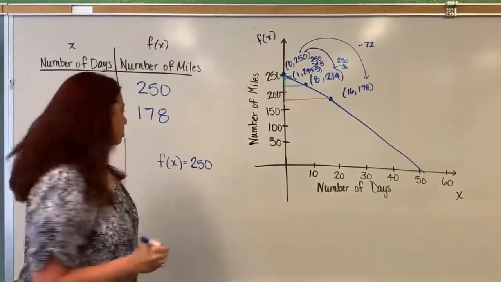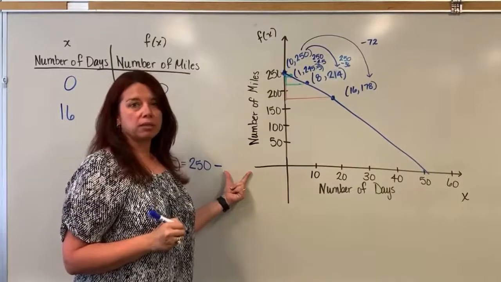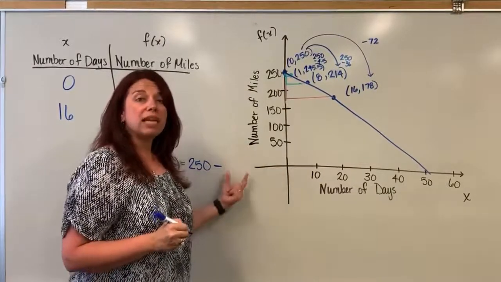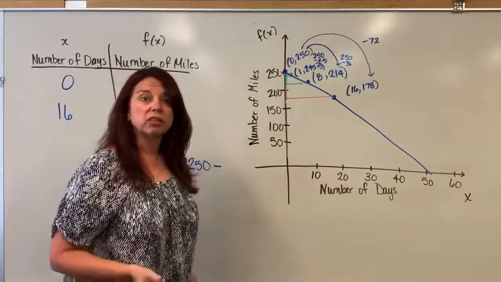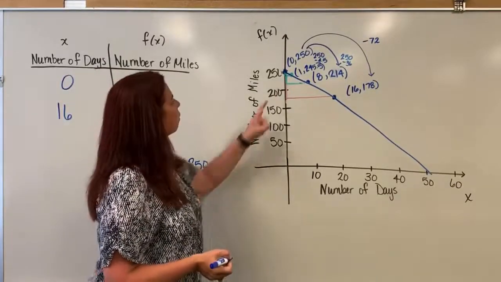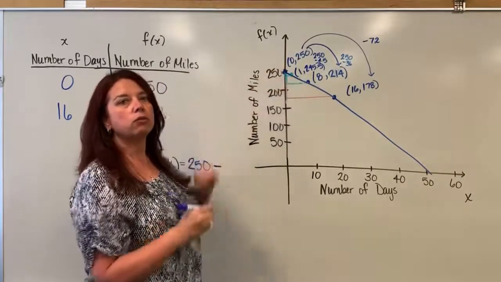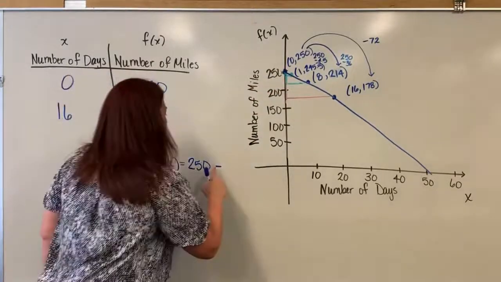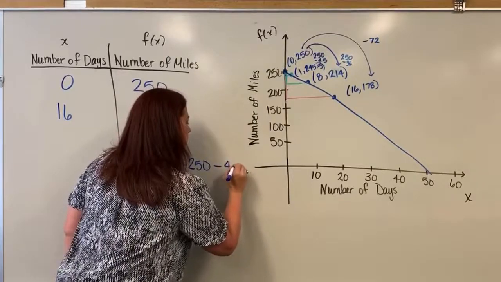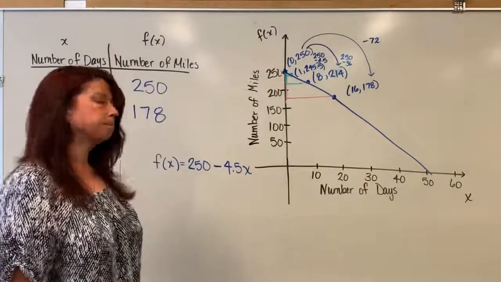So if it's draining miles, I need to subtract off some change by a constant amount times the number of days that I need to deal with that change, right? Deal with that constant amount decrease. So it turns out here, we figure based on our graph, for every 1 day that elapses, I lose 4.5 miles. Therefore, I'm going to subtract 4.5 times some number of days, whatever number of days you want.